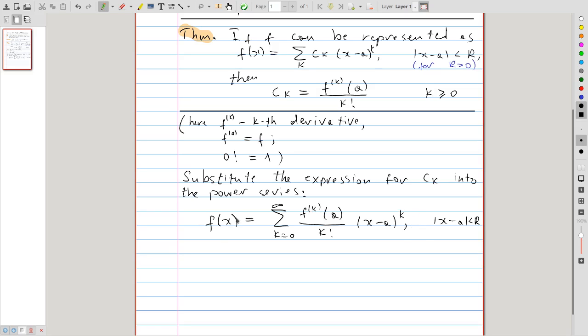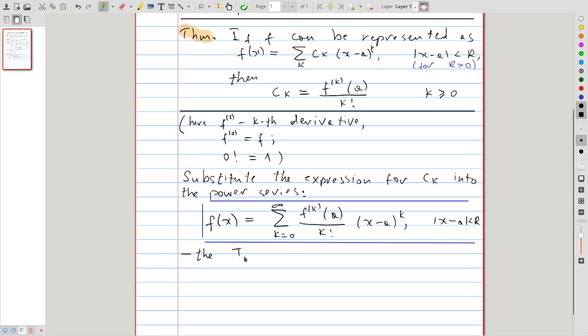So this formula here, this expression for f, will be very important, and we will refer to it as the Taylor series of f at x equals a.